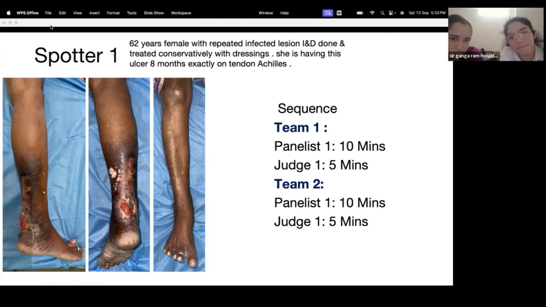Now team A, how will the flap reach? Sir, after islanding the flap, I will give it a propeller motion. Then the flap will reach here.